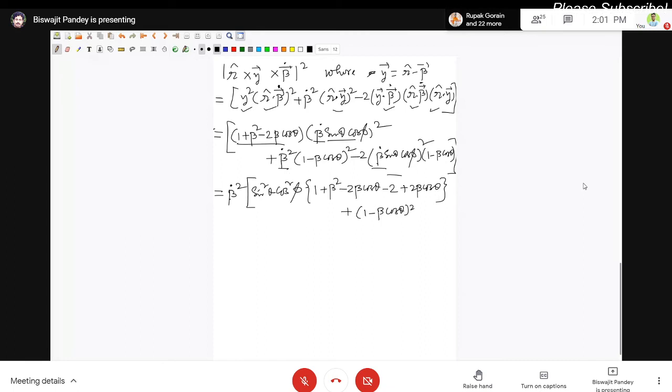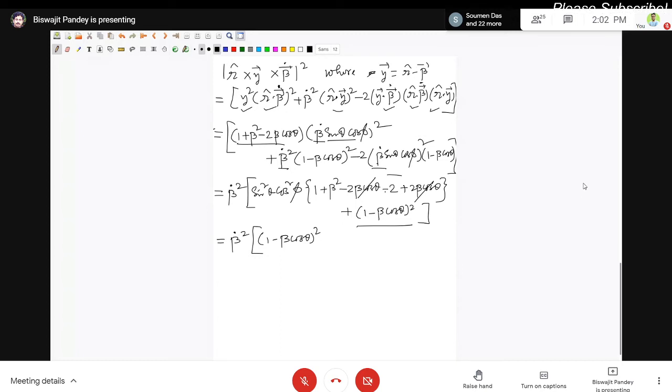Beta dot square is taken outside. So the minus 2 beta cos theta and plus 2 beta cos theta are cancelled, and this minus 2 and plus 1 becomes minus 1. If I take a minus common, then we get 1 minus beta square. So we have now beta dot square into, writing this term first, 1 minus beta cos theta whole square.